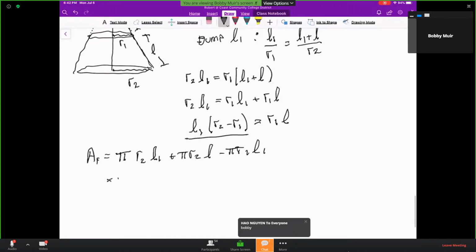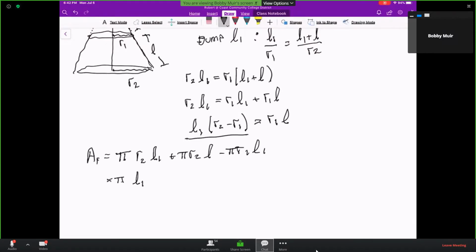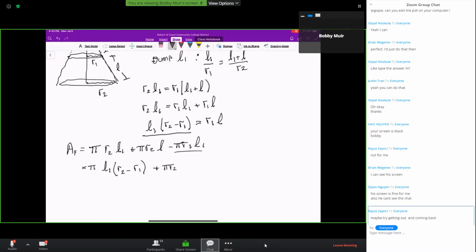Okay, so that's going to be pi times the L1, and I'm going to combine this one and this one to get R2 minus R1, and then plus pi R2 L.